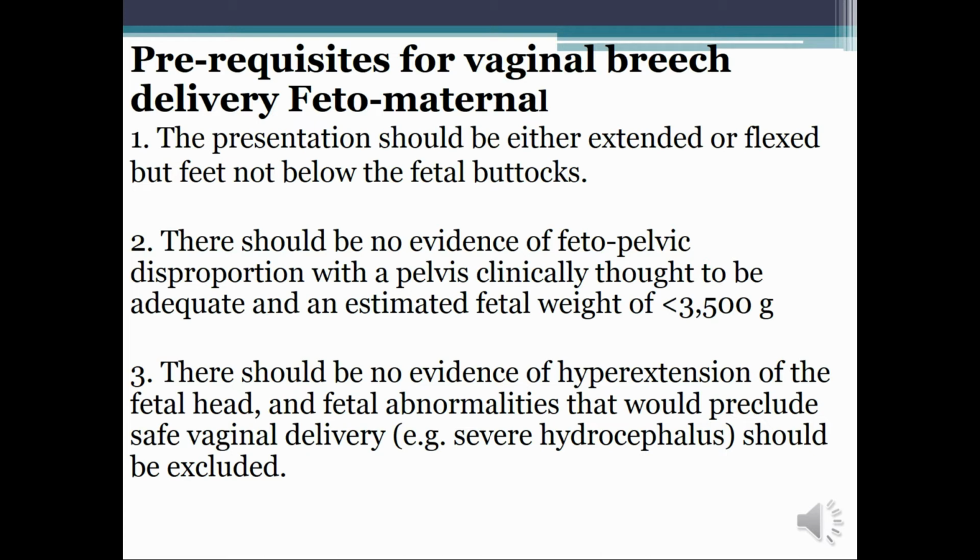There should be no evidence of hyperextension of the fetal head, and fetal abnormalities that would preclude safe vaginal delivery, such as severe hydrocephalus, should be excluded.